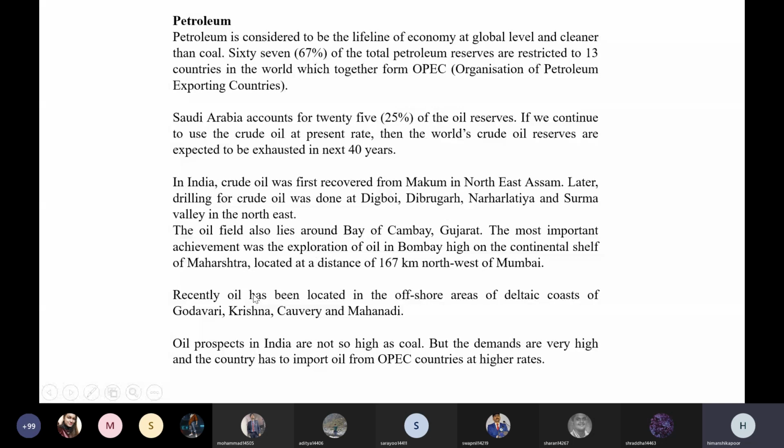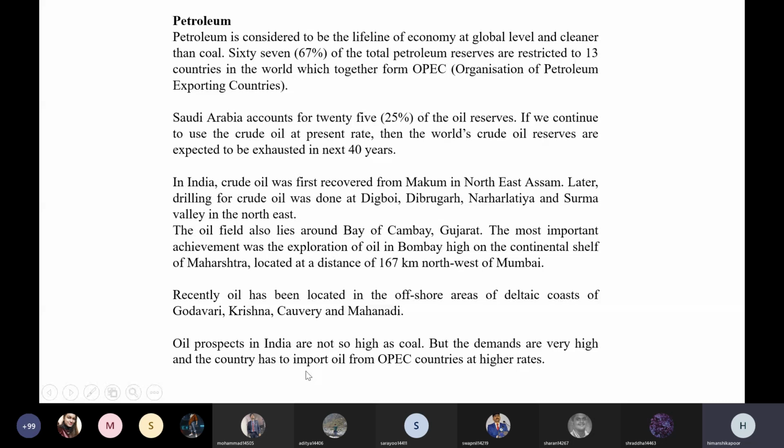Recently we could also locate oil fields in Godavari, Krishna, Kaveri and Mahanadi, on the coast of these rivers. Even after having these many oil resources, we have to import oil from the OPEC countries at higher rates.